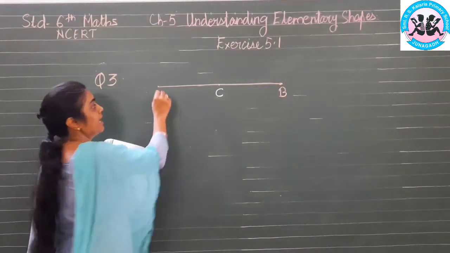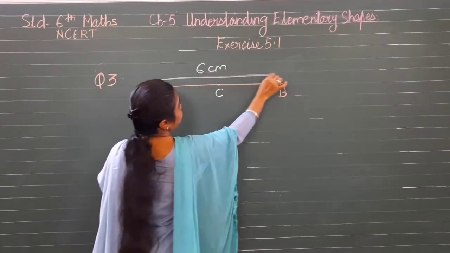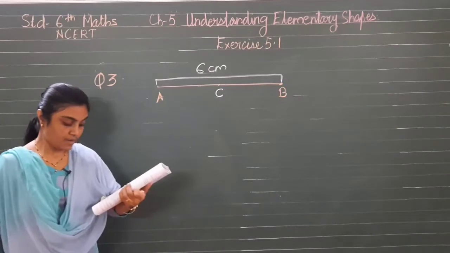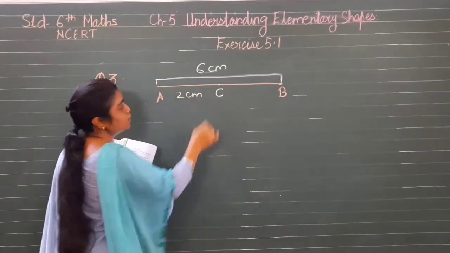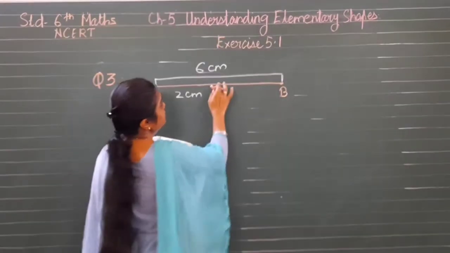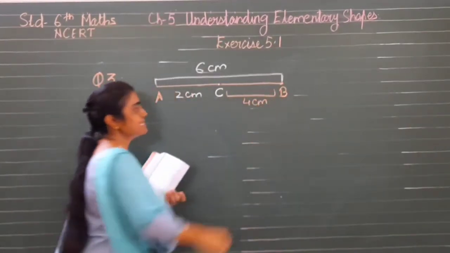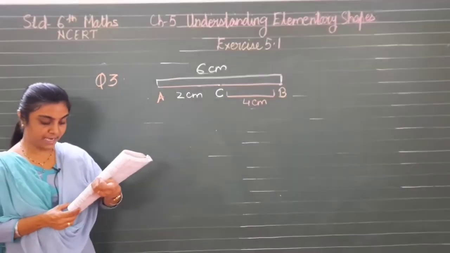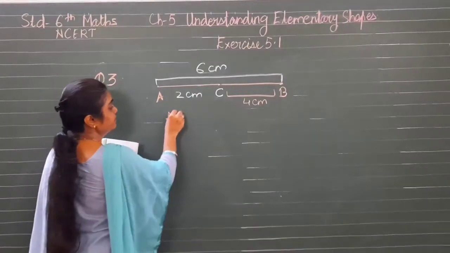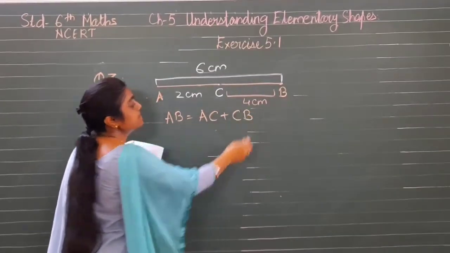Suppose I am taking AB as 6 centimeter. AC, if I measure it, is 2 centimeter, and BC will be 4 centimeter. Now I have to prove that AB is equal to AC plus CB.